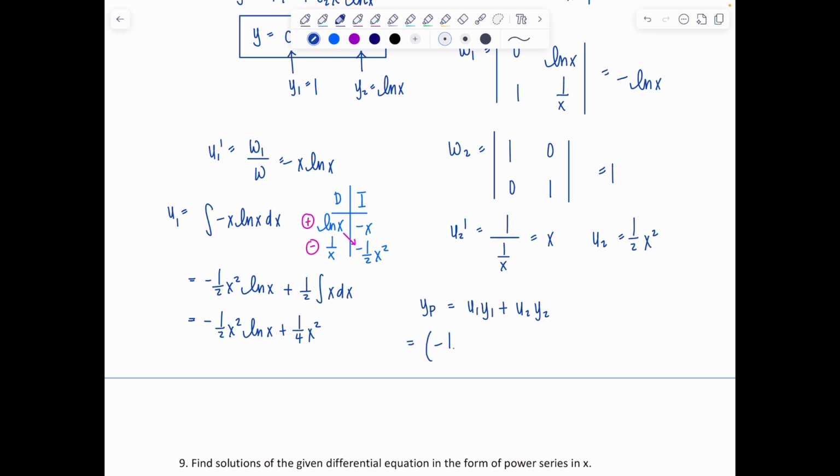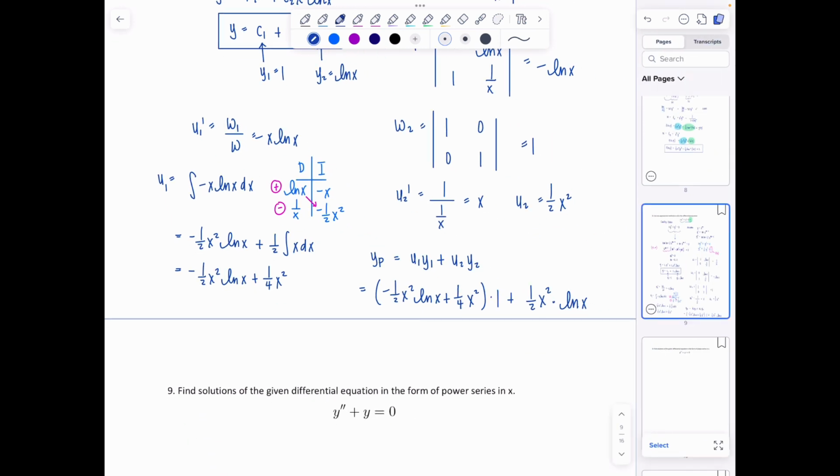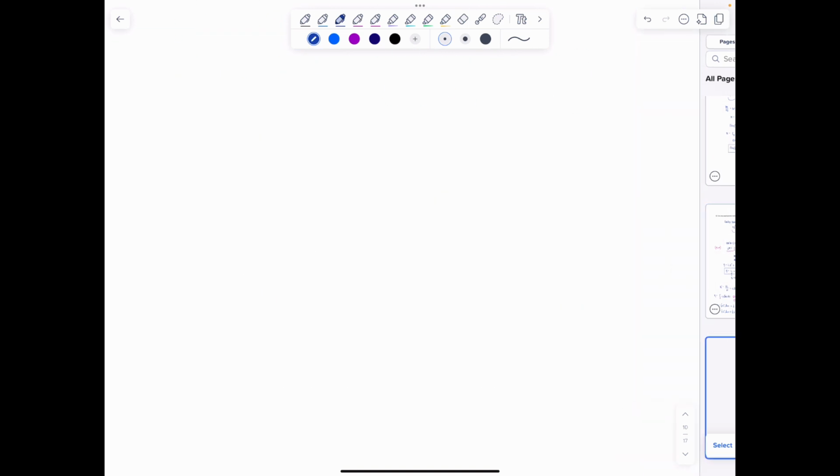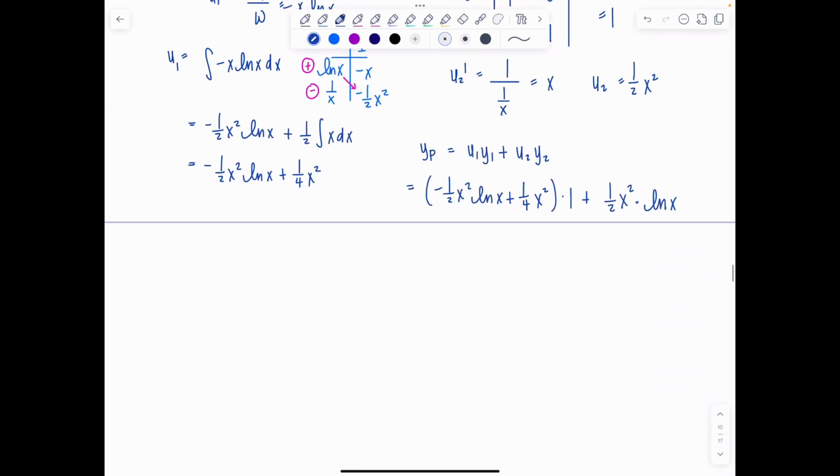So negative 1/2 x squared ln of x plus 1/4 x squared, times 1, plus u2, 1/2 x squared, times y2, which is ln of x. I need another page, if you'll forgive me. Okay, so notice these are actually the exact same term. They'll cancel out. Yep, and I'm just left with 1/4 x squared.